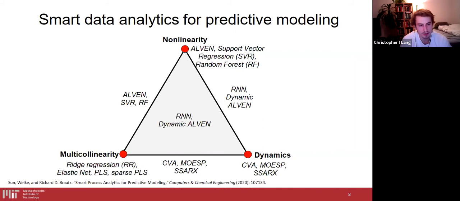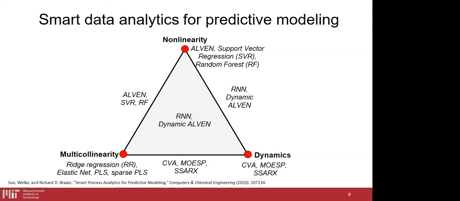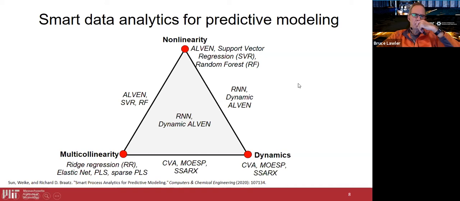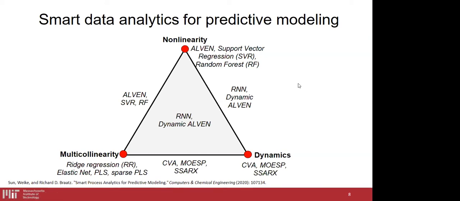Does the size of the data come into play at all here, or is that sort of lumped into the multicollinearity? I could see some of these possibly working better for larger data sets and some working better for small data sets. Yeah, so that gets lumped. I think I already touched upon that a little bit. If you have a lot of inputs, a lot of features, and not as many measurements, you will have multicollinearity in your data because they all somewhat depend on each other. So you will detect this multicollinearity in every case, and you will already be drawn to it.